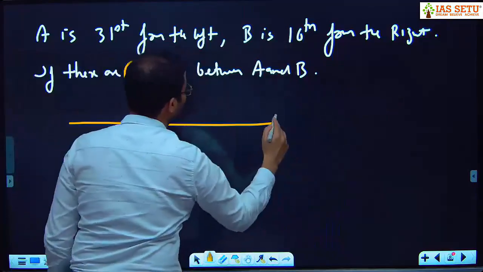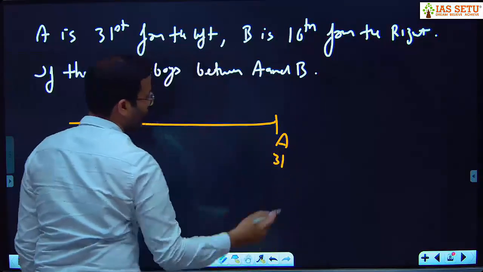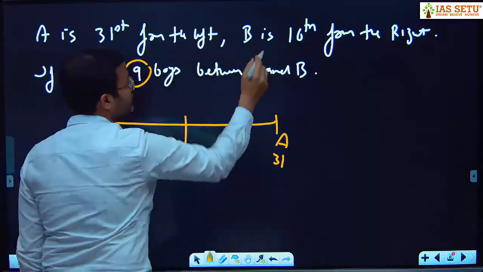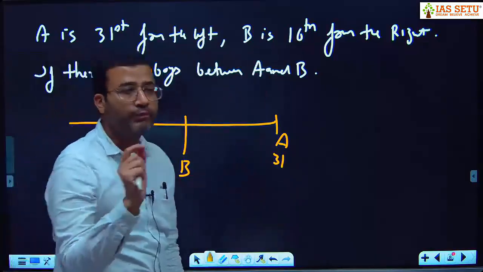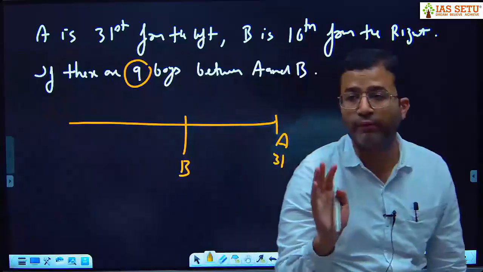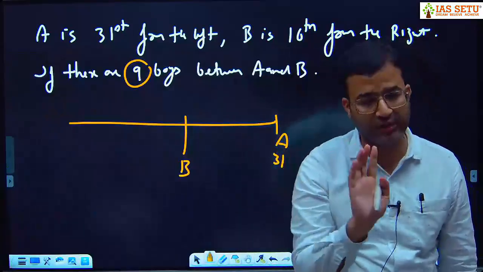This is A, 31. B you take here, which is 16 from the right. So if B is 16 from the right, how many persons will be there on the right side of B? 15.